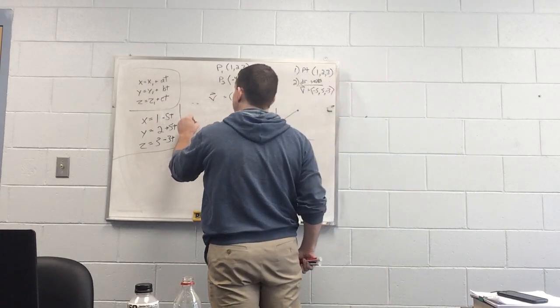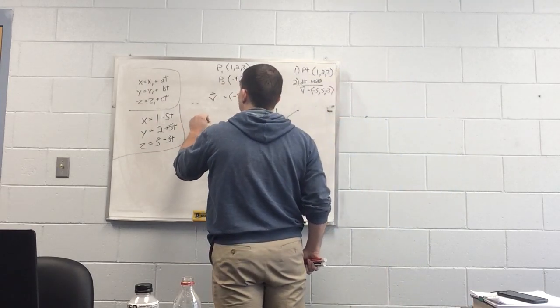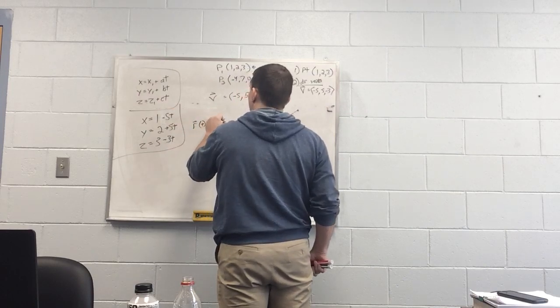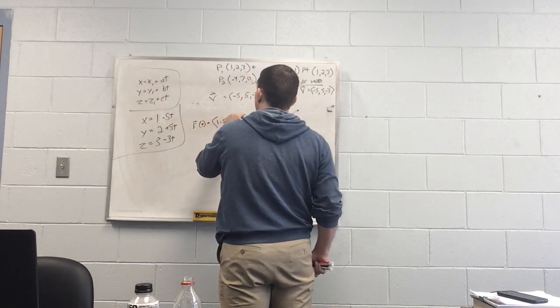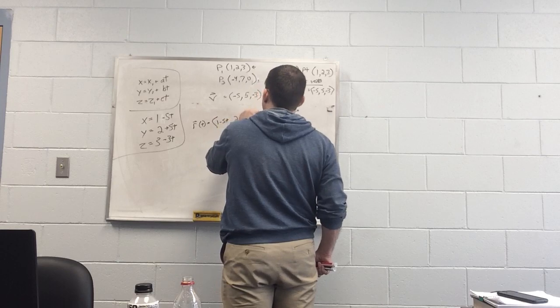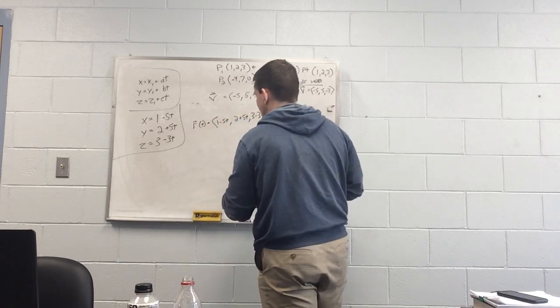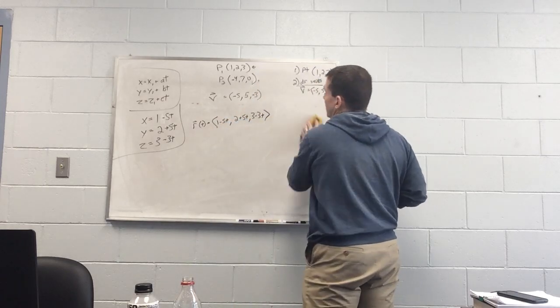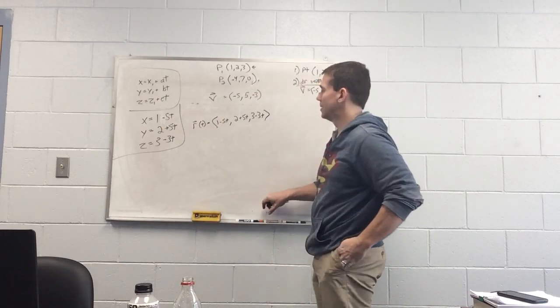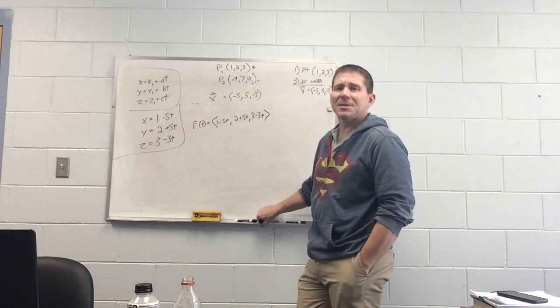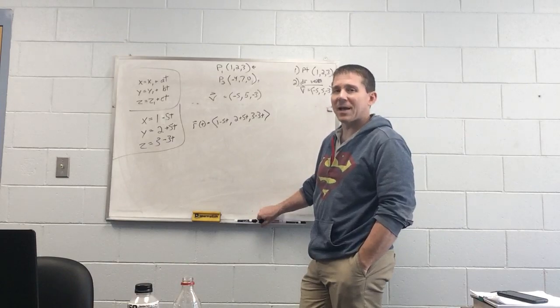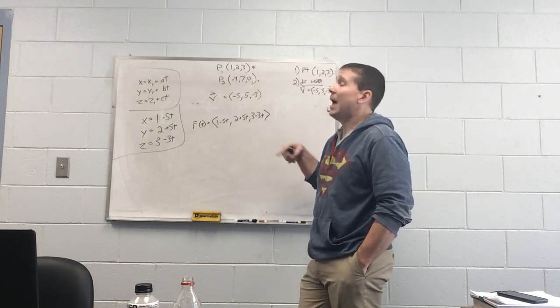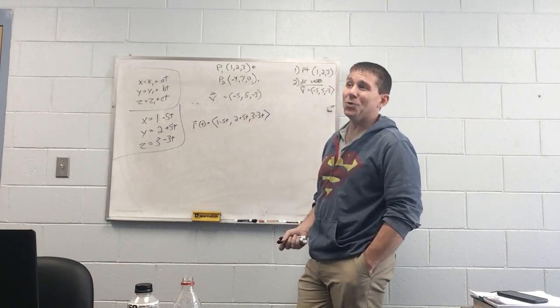Now I can write that as a vector valued function: r of t equals (1 minus 5t, 2 plus 5t, 3 minus 3t). While we're calling this a vector valued function and writing it in this form, I'm not really doing anything new.